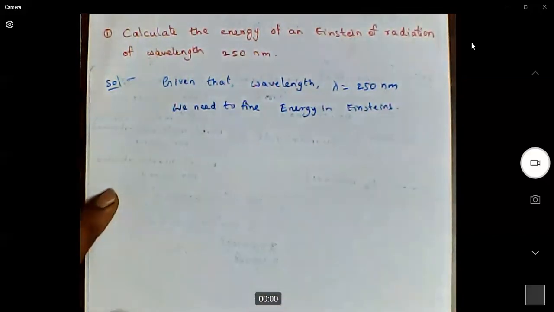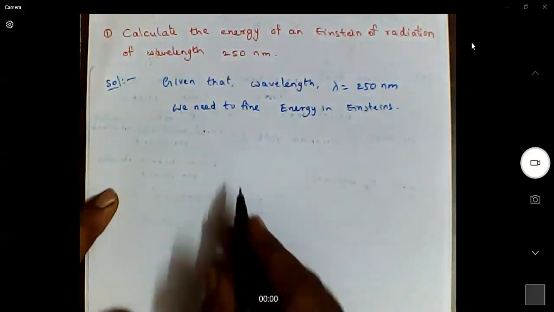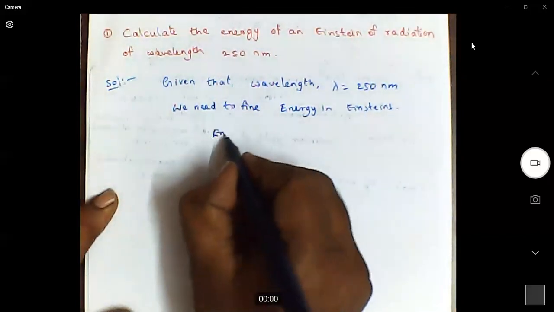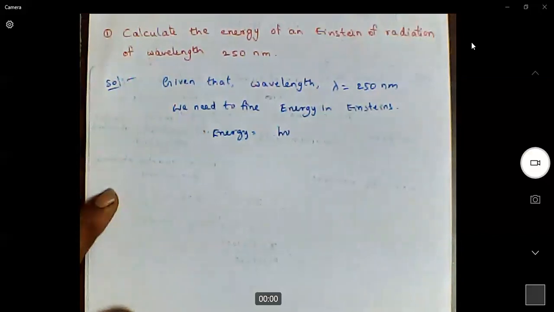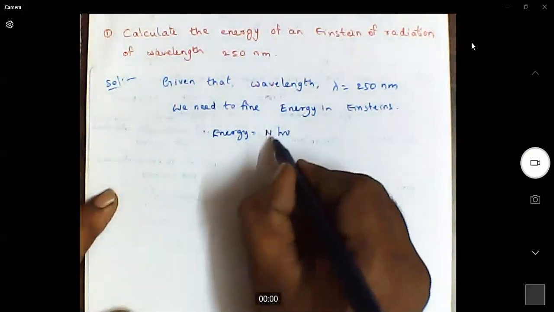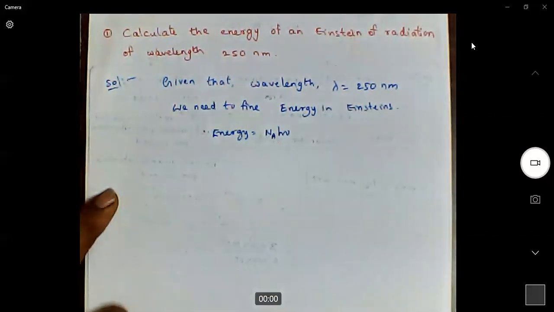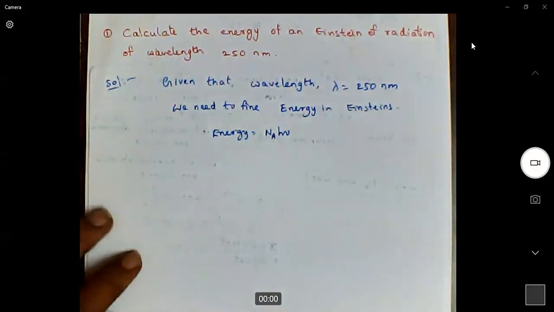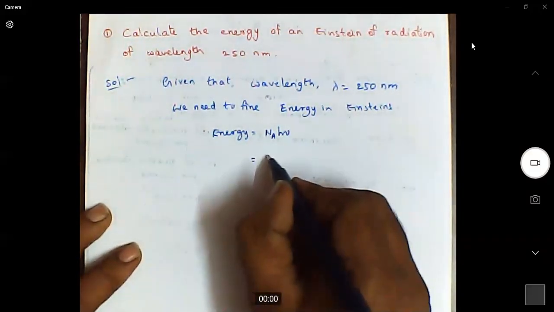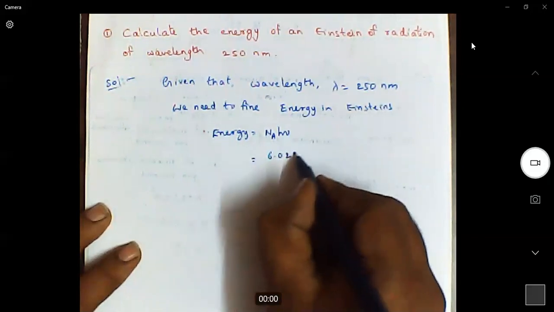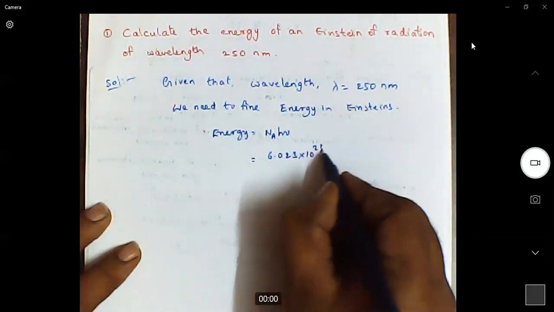So in order to find out the energy in Einsteins, we know the formula. Energy is equal to h nu if it is quanta. If it is Einsteins, we multiply it with Avogadro number. What is the Avogadro number? 6.023 into 10 power 23.